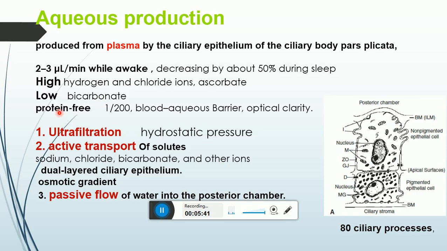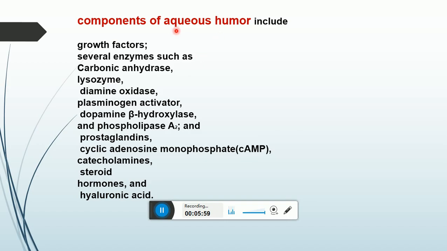It is protein free, about 1/200 of the level in blood, due to the blood aqueous barrier, and it is protein free for optical clarity. So these are the components of aqueous humor.